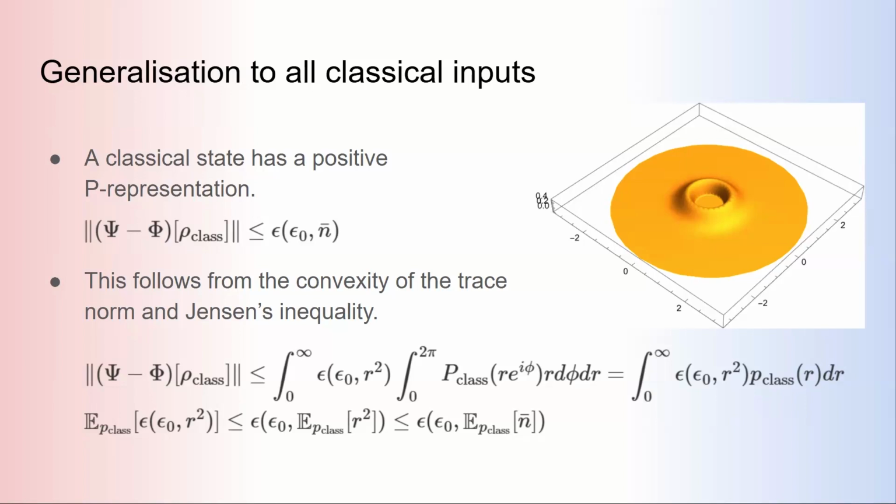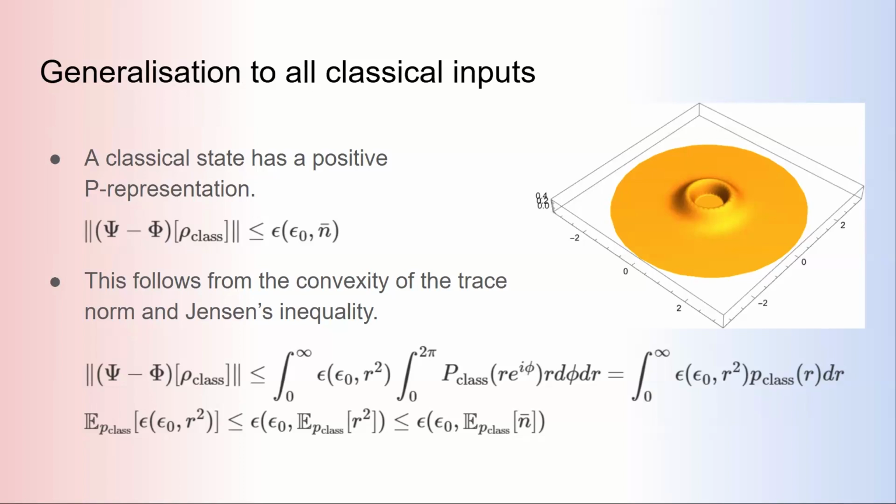Whereas this is something different, and so we might ask, does this still hold? And yes. We can just imagine that we have a coherent state with the same energy as this classical state. Just take the bound for that coherent state. This is fairly simple from the convexity of the trace norm and Jensen's inequality.